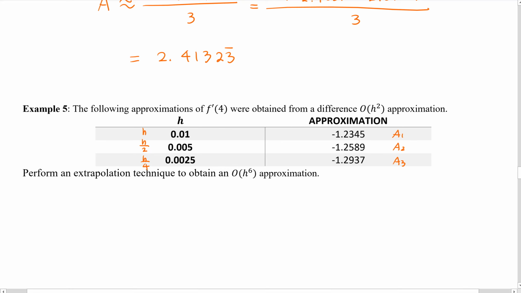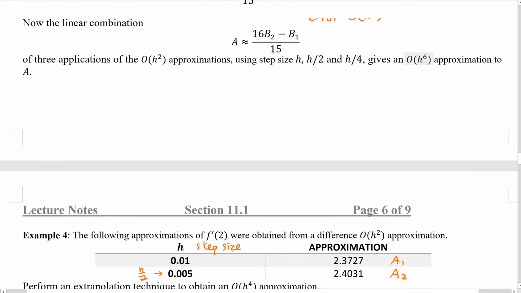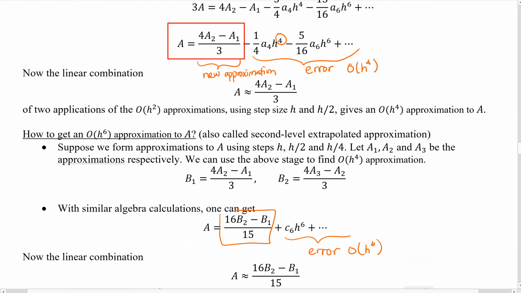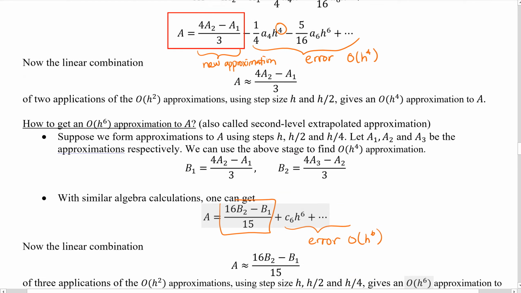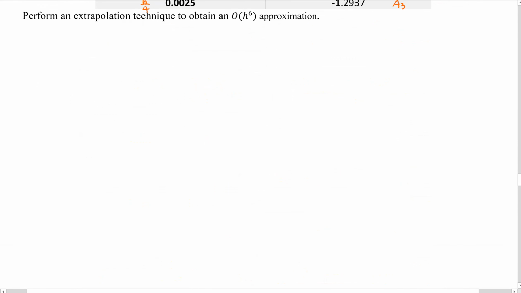Then we're going to use those three formulas. B1 equals 4A2 minus A1 over 3. B2 is 4A3 minus A2 over 3. And A is 16B2 minus B1 over 15. Okay, keep those in mind. Let's calculate here.